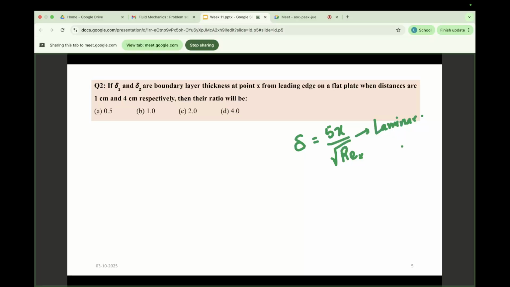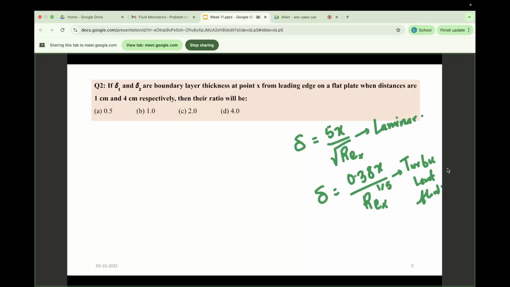For turbulent flow, it is basically 0.38x by Reynolds number to the power 1 by 5. That is for turbulent flow. So that is basically this formula.